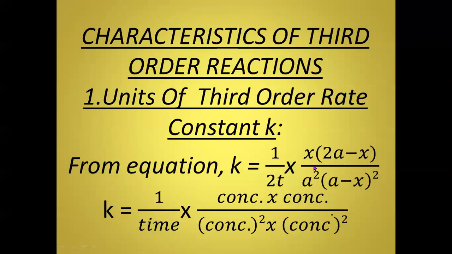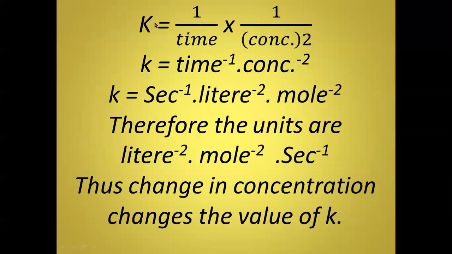So concentration into concentration means concentration squared, and again concentration squared in the denominator. These will cancel, and we get K = 1/time × 1/concentration squared.